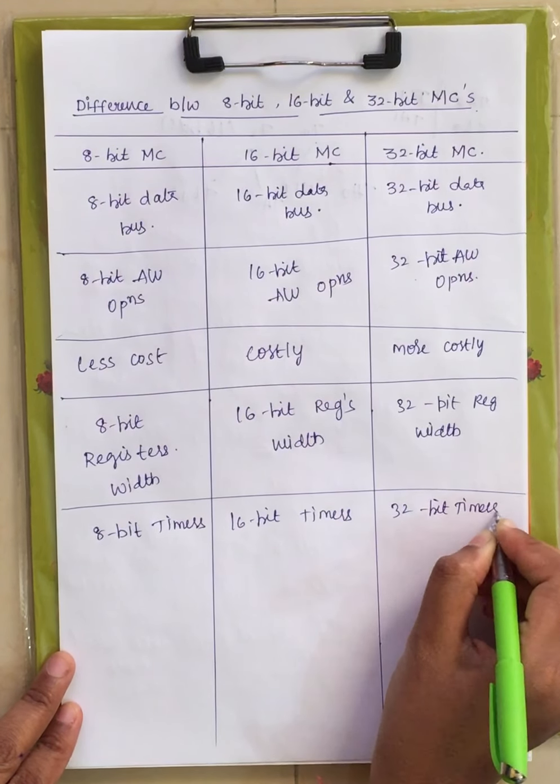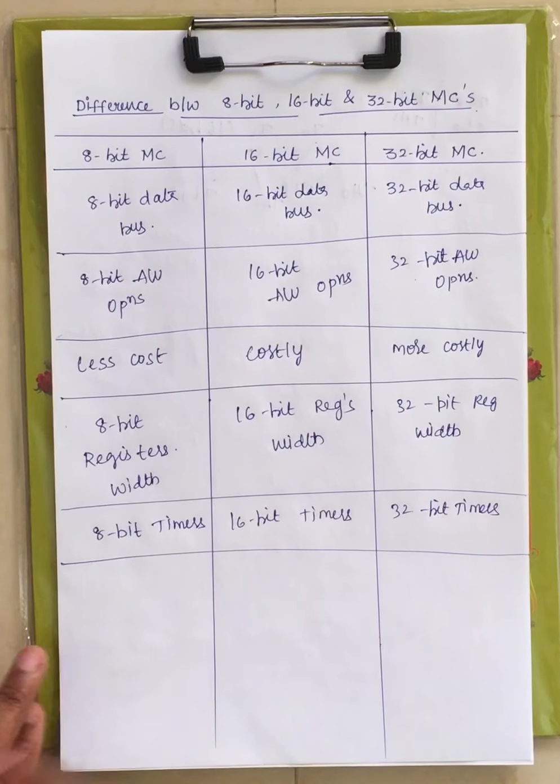What are timers? Timers are used to provide delay by counting, right? You may get a doubt: 8051 is also an 8-bit microcontroller, but it has 16-bit timers. That is an additional feature of 8051, but normally any 8-bit microcontroller will contain 8-bit timers only.